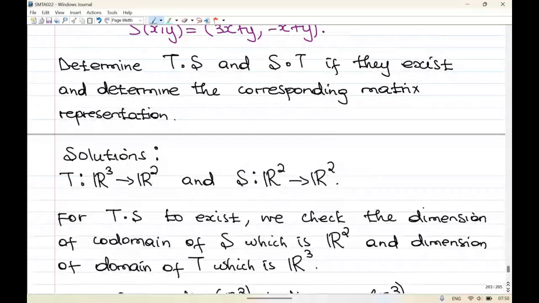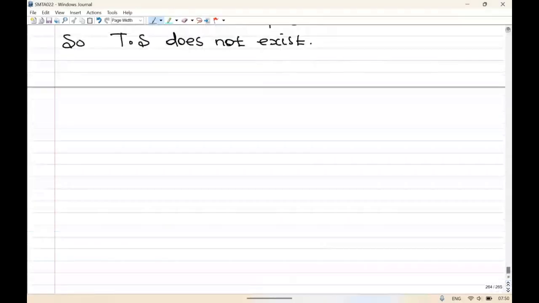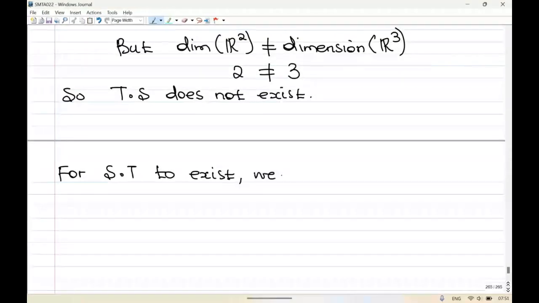You already saw that TS does not exist, so now let's check our ST. For the product ST to exist, we do the very same thing.